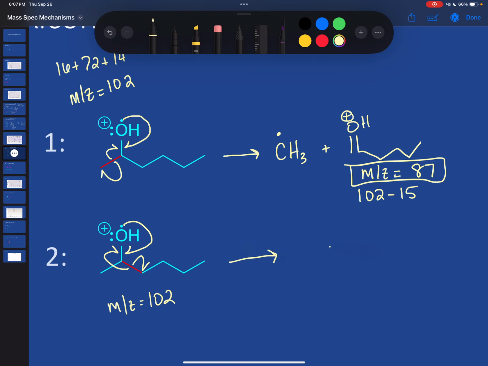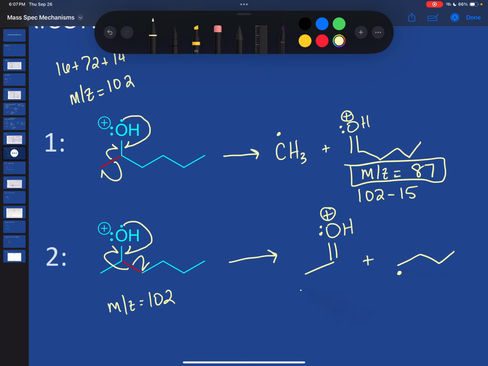So my first fragment is going to be this species where I have my double bond and positive charge on oxygen. If you've been asking yourself, yes, they do still have a lone pair. I just don't have to draw them.